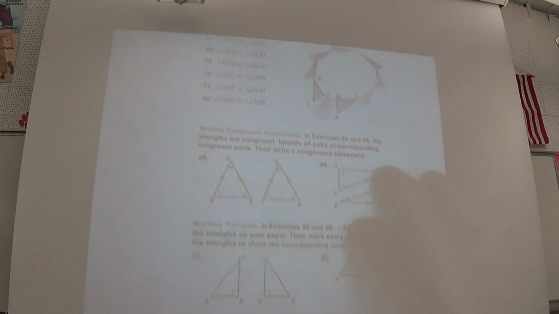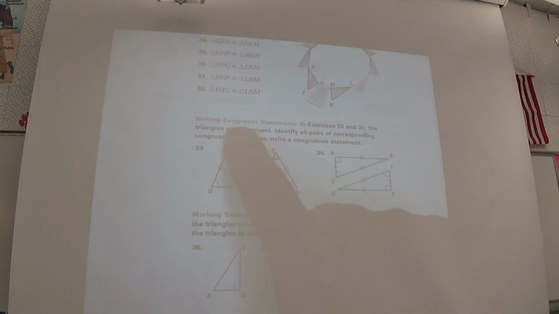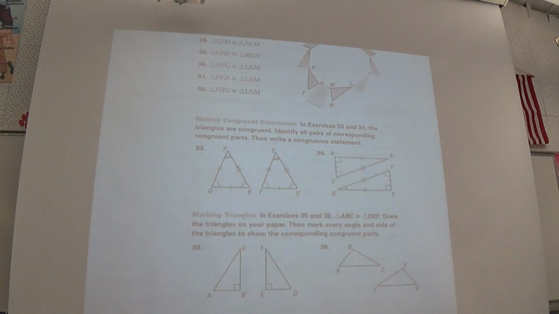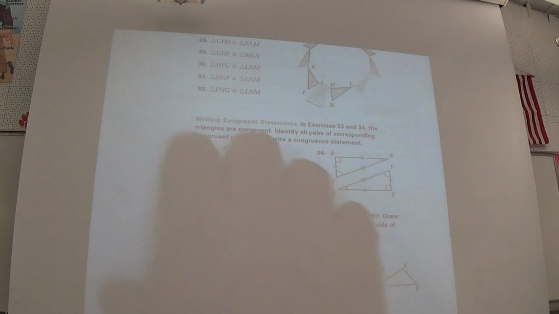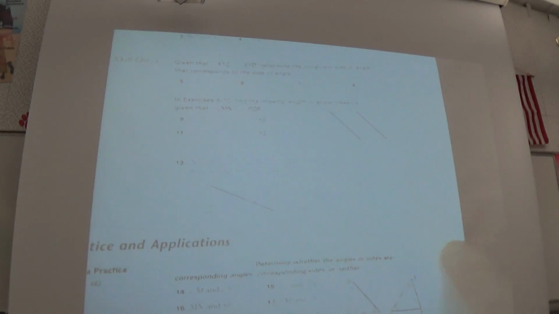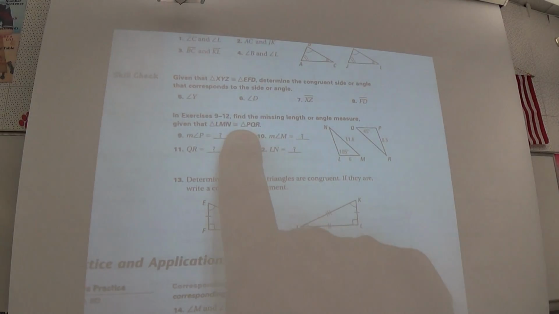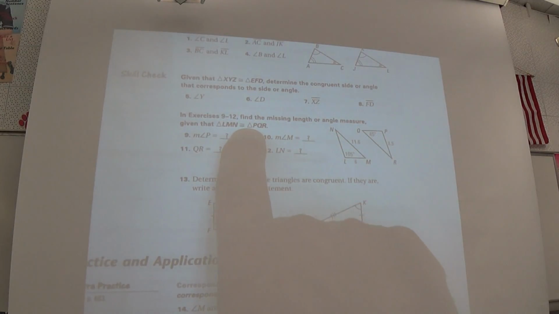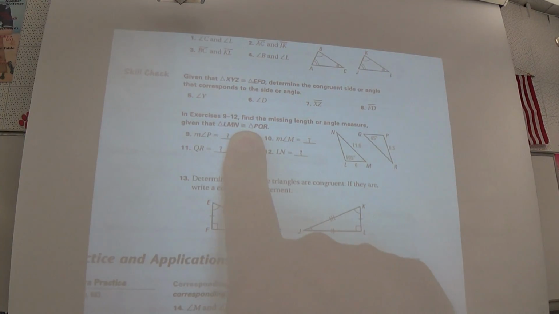And then 33 and 34, it says write a congruency statement. Congruency statement, again, is this, right? When it talks about writing a congruency statement, it wants you to write a statement showing that those two triangles are congruent, but you have to make sure you do it in the correct order.